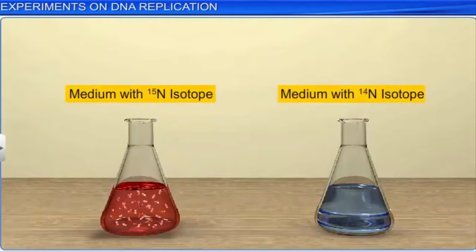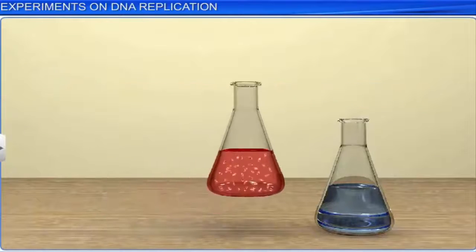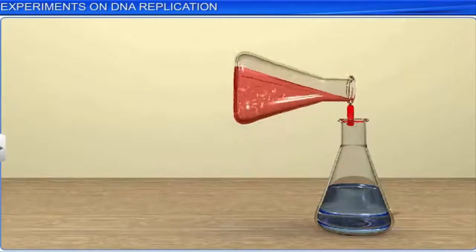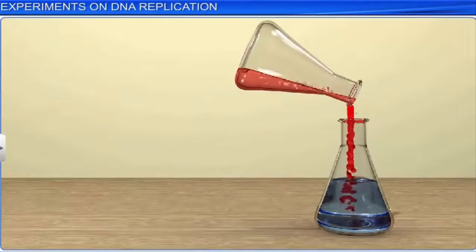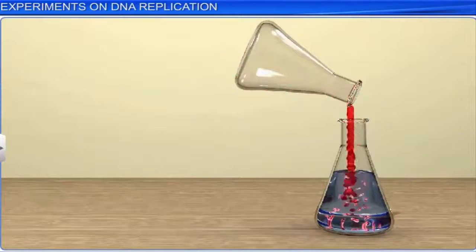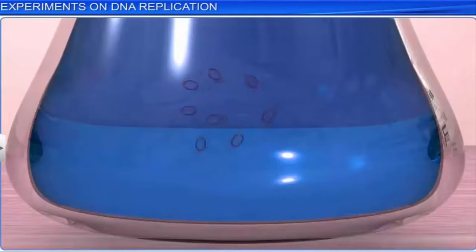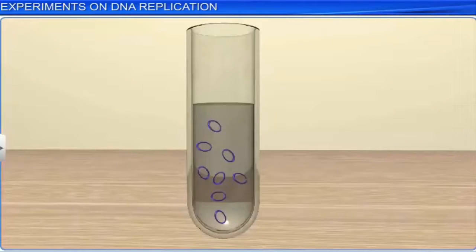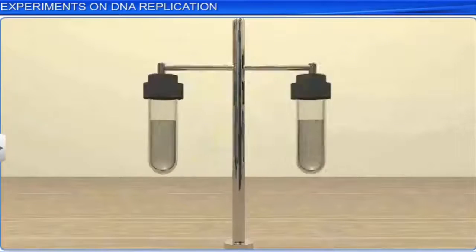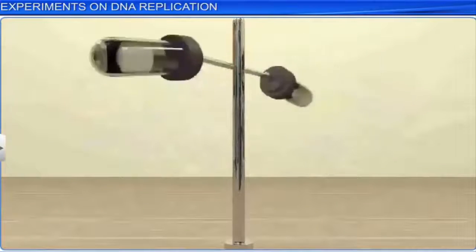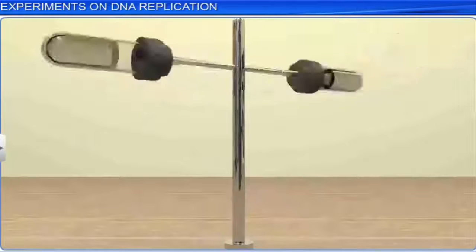Later, E. coli cells were transferred into a medium with normal NH4Cl14 isotope. After the cells multiplied, their DNA was extracted and separated independently in CsCl gradients to record the density of DNA.